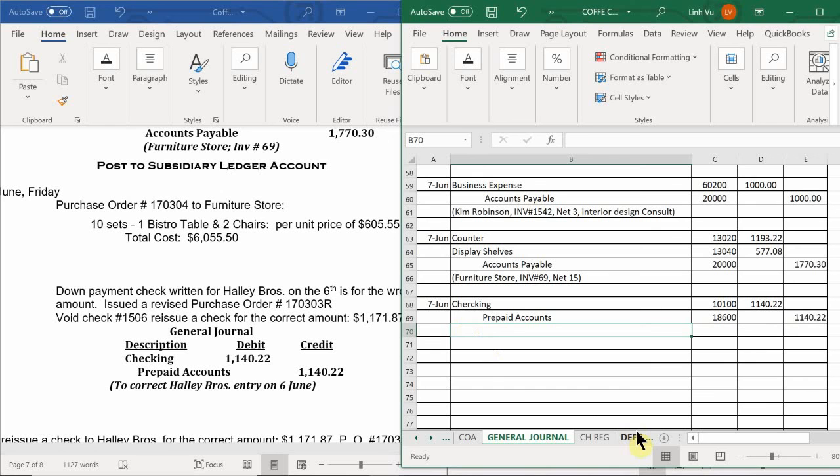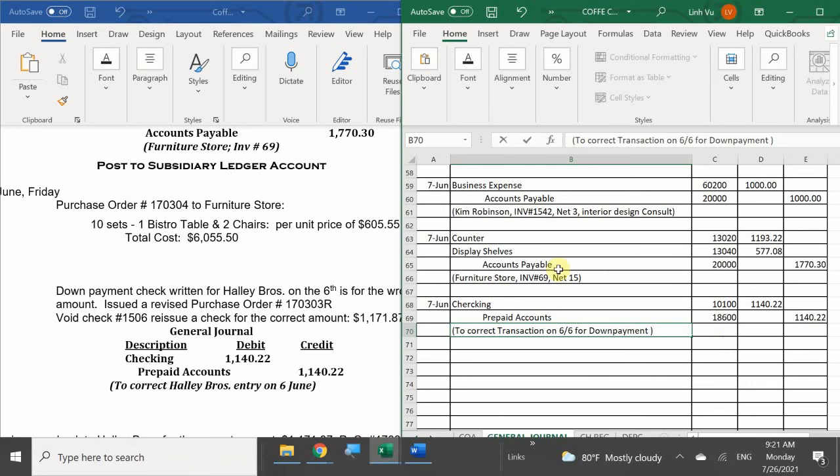And what I'm going to write here is to correct.